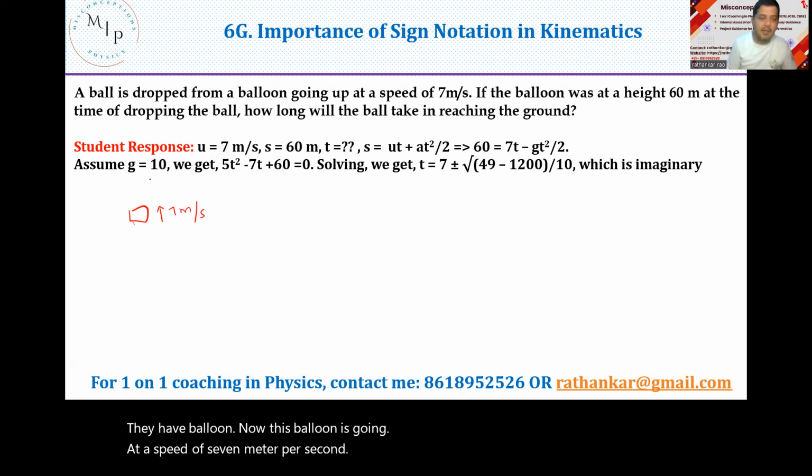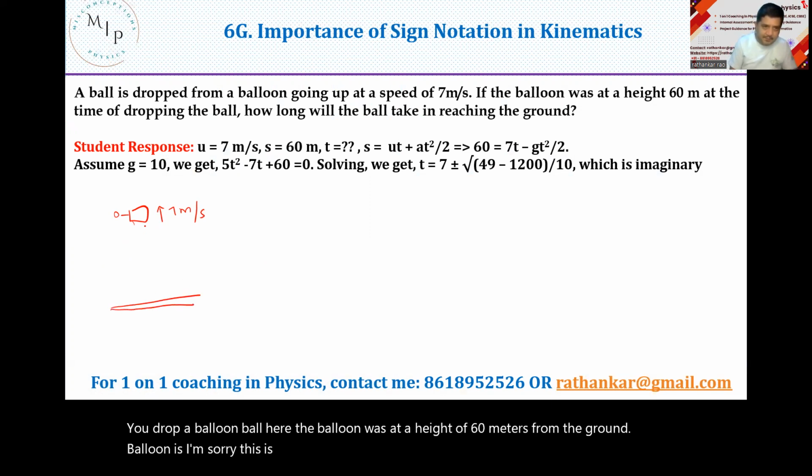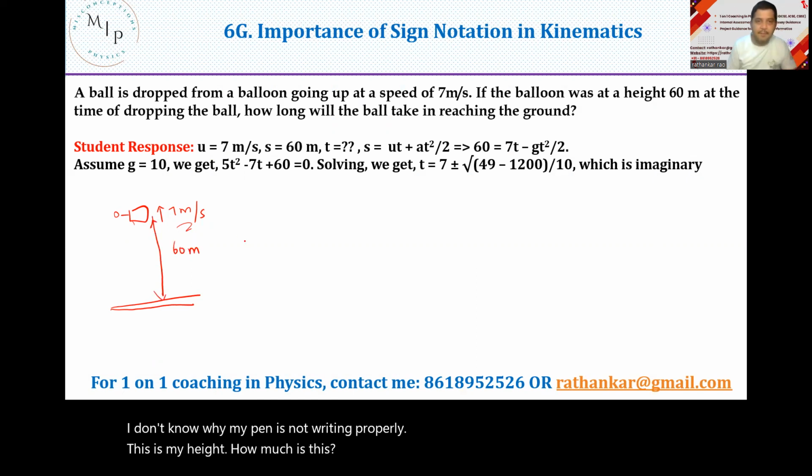And a ball is being dropped from here. The balloon was at a height of 60 meters from the ground. This is my ground, and this is my height. How much is this? 60 meters. Now, how long will the ball take in reaching the ground?